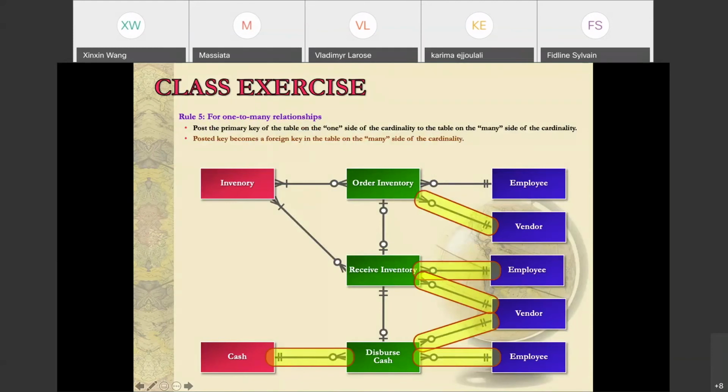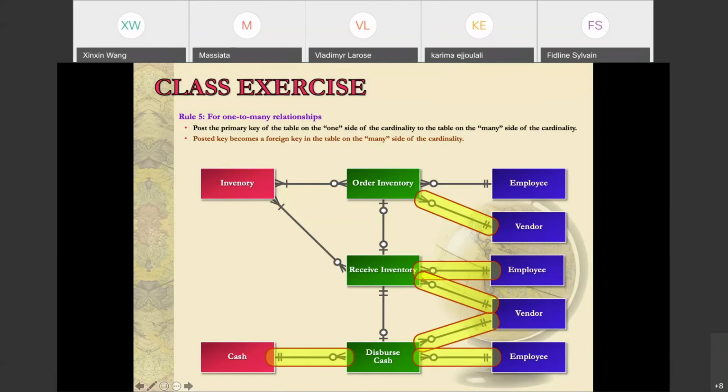Employee ID becomes the foreign key of the receive inventory table. Vendor ID becomes the foreign key of the receive inventory table. Vendor ID becomes the foreign key of the dispersed cash table. Employee ID also becomes the foreign key of the dispersed cash table.